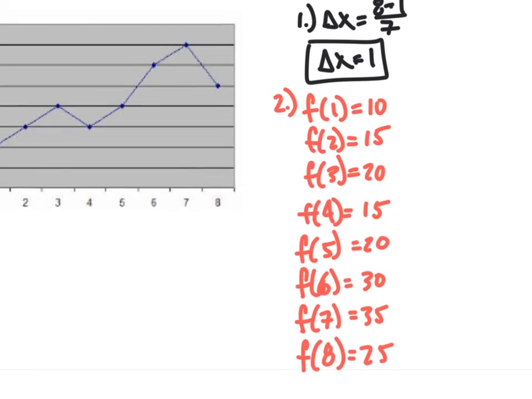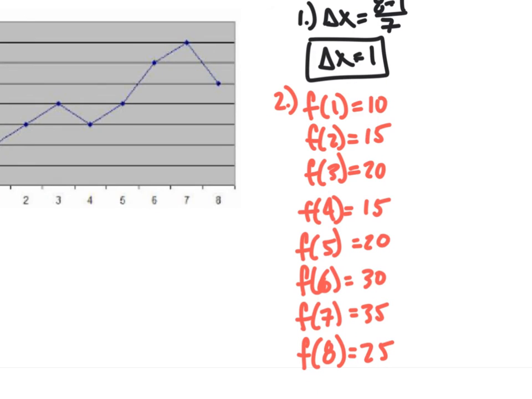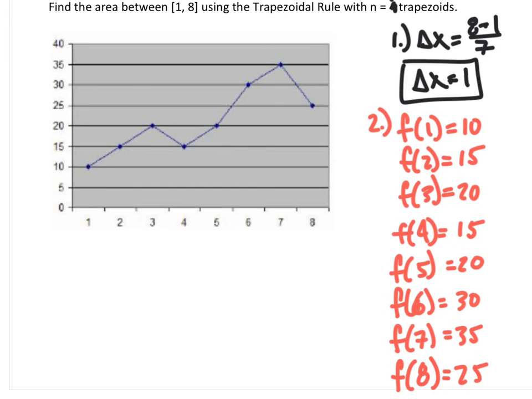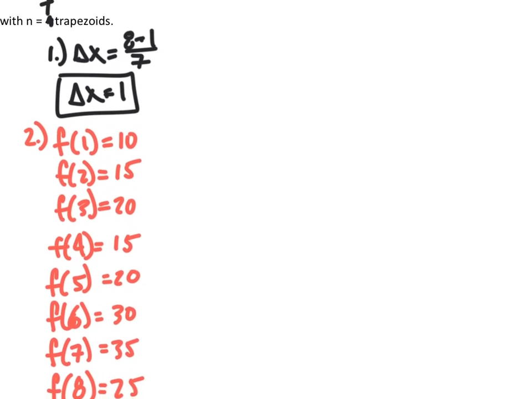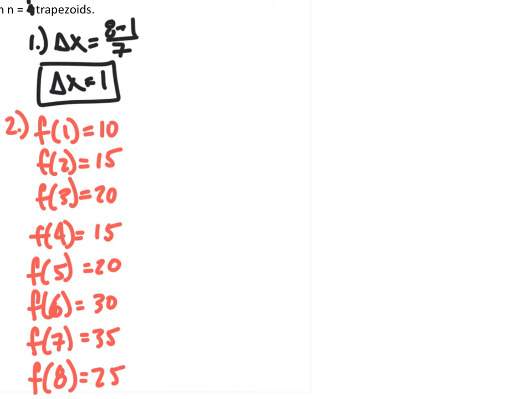So now I know what my delta x is, and I know what all these y values are. You can go in and draw the pictures of those trapezoids if you want, or if you just remember what you're supposed to do, it's really not too bad. So I'm going to integrate between 1 and 8 of f of x dx.